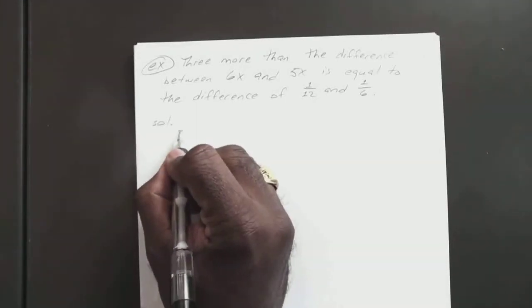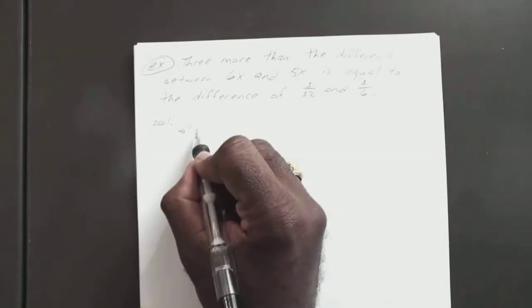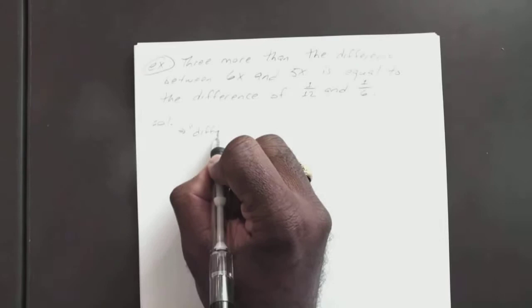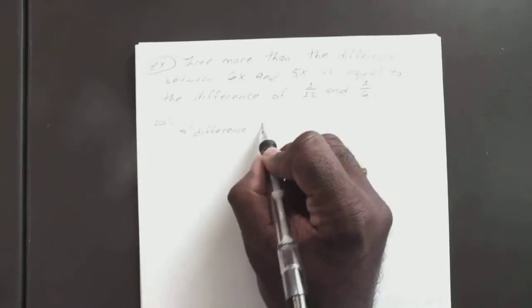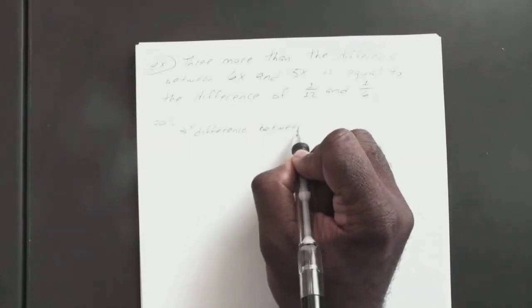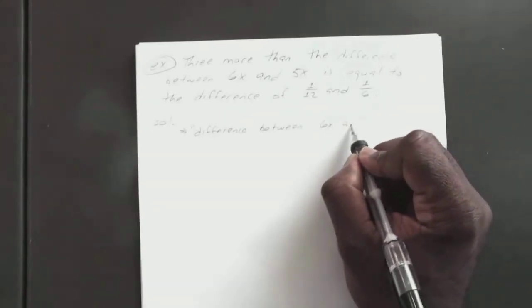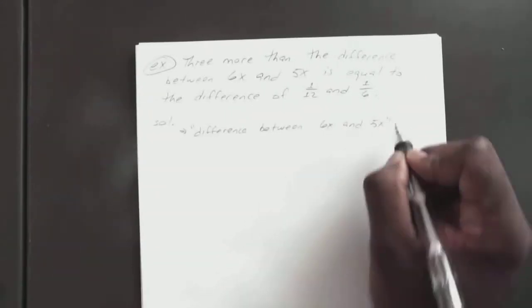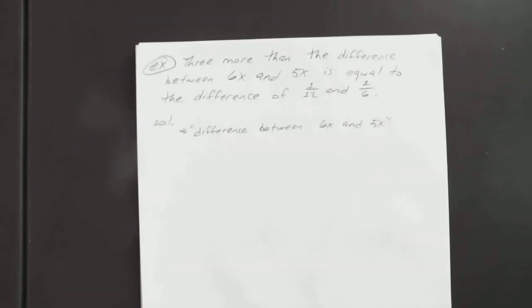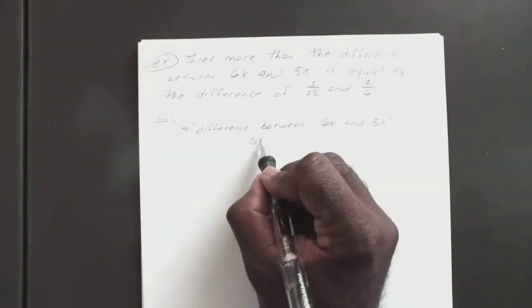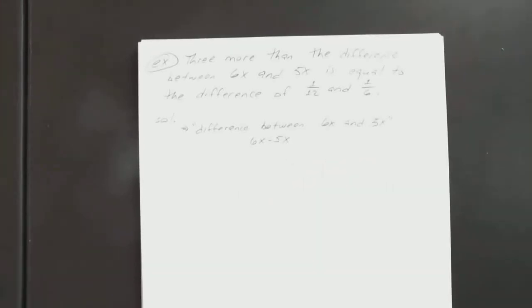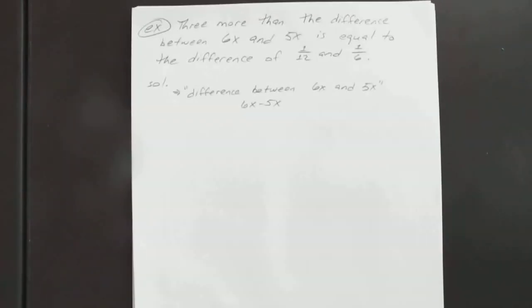Okay, so you break it down little by little. When you see difference between 6x and 5x, that just means 6x minus 5x. Like I say, it could say between.